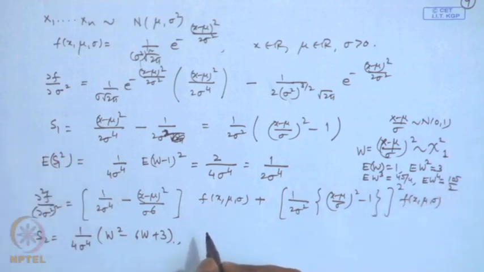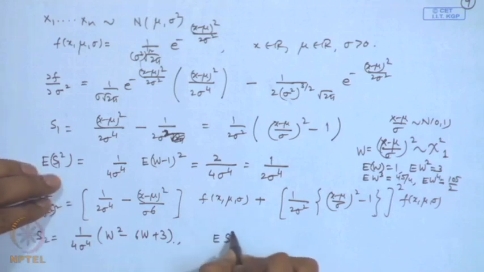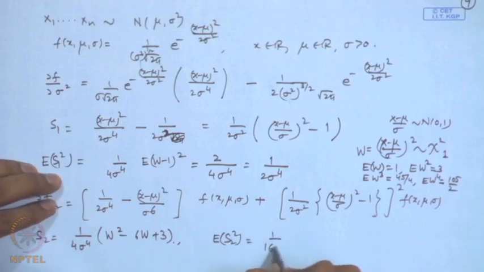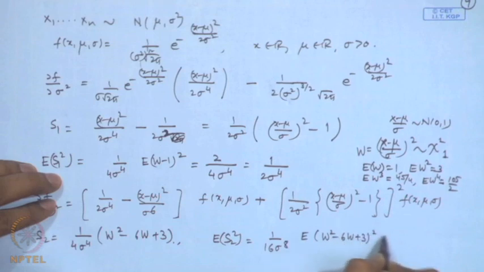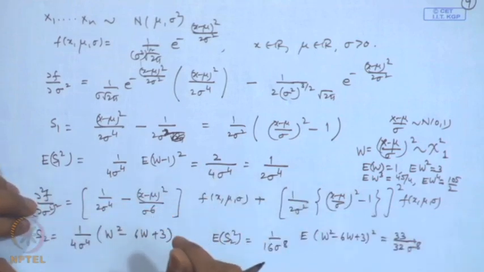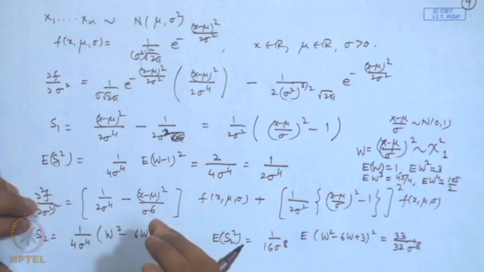So, you can calculate expectation of S2 square as 1 by 16 sigma to the power 8 expectation of (W square minus 6 W plus 3) whole square, which is 33 by 32 sigma to the power 8. So, you can see here the terms become increasingly complicated as we increase the order of derivatives in the Bhattacharya bound. Here we have considered only second order. If we take third order and so on, it will be very cumbersome calculations. So, therefore, the use of Bhattacharya bounds is restricted.